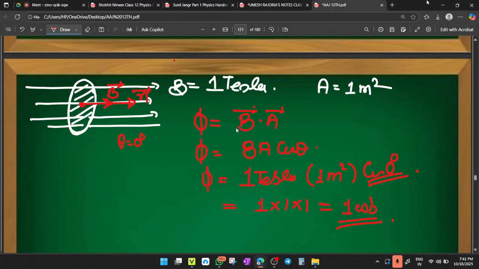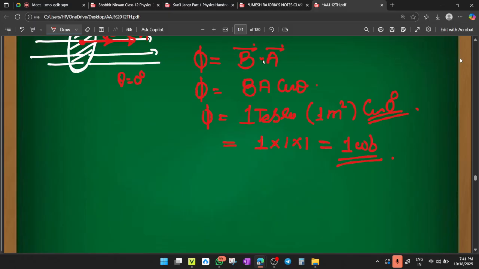One more thing, the dot product is also called the scalar product. So magnetic flux is made up of the scalar product of two vector quantities, and the scalar product of two vector quantities is always a scalar. So magnetic flux is a scalar quantity. Clear?